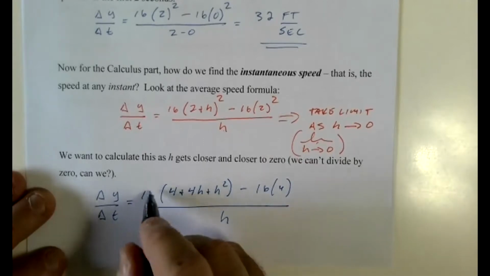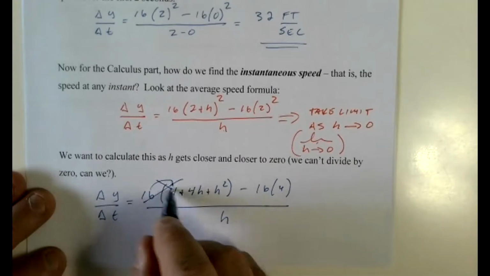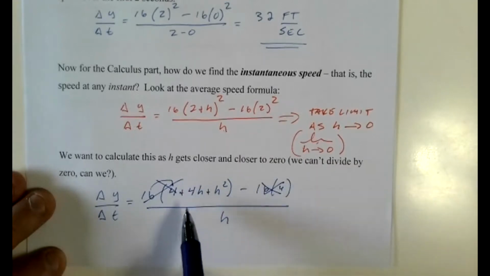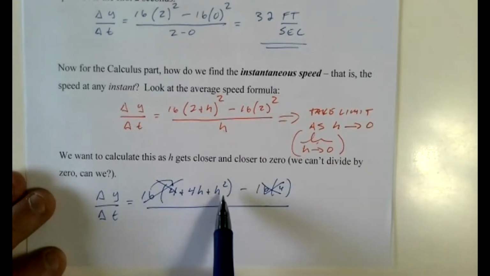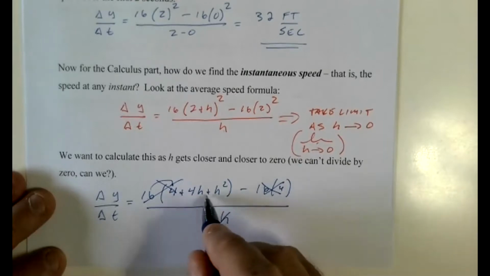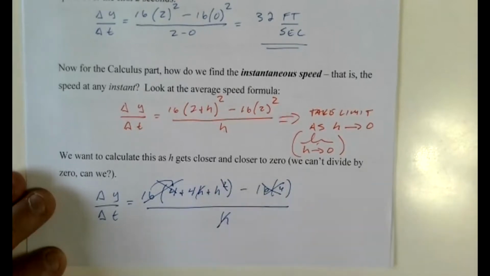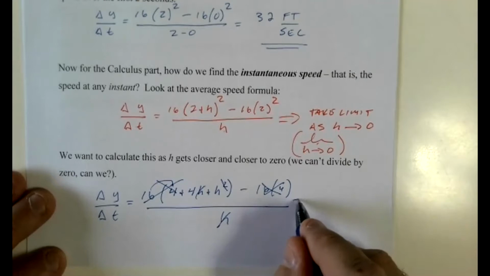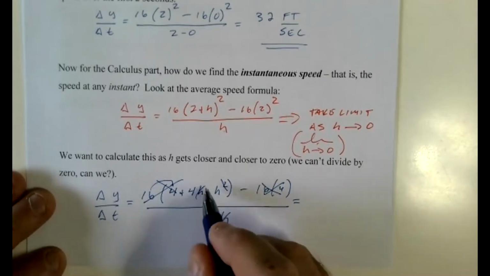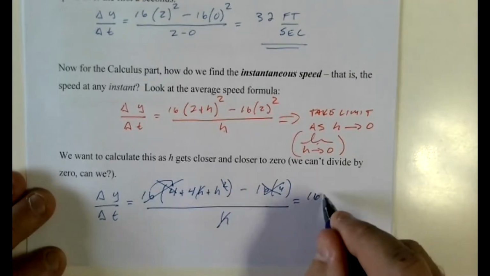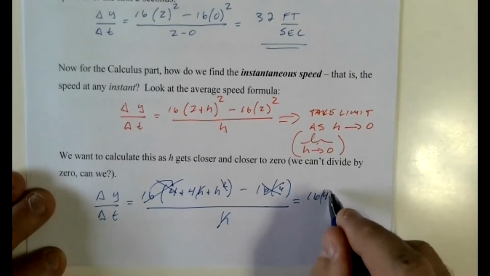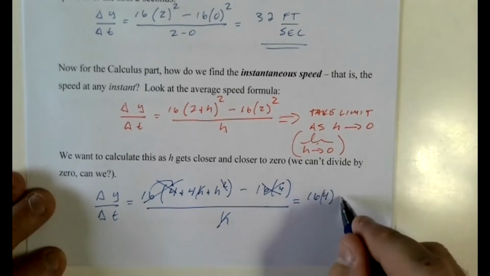Well, check it out. 16 times 4, that's gone. And that leaves us with 16 times 4h plus h squared. I can pull an h out of each one of those. And leaves me with 16 times 4 plus h.